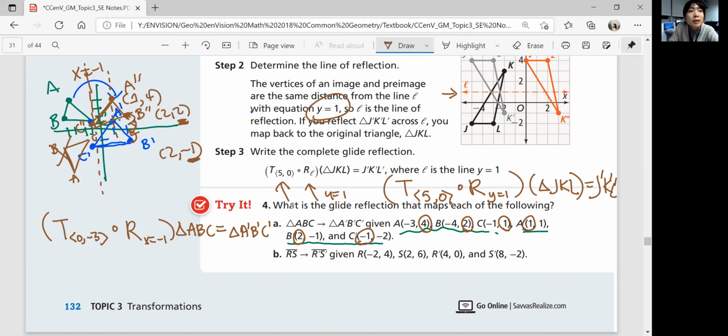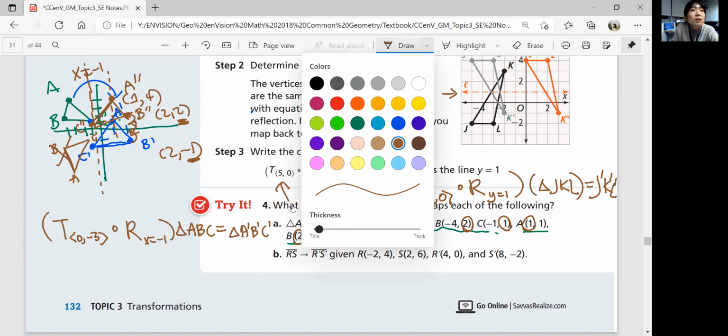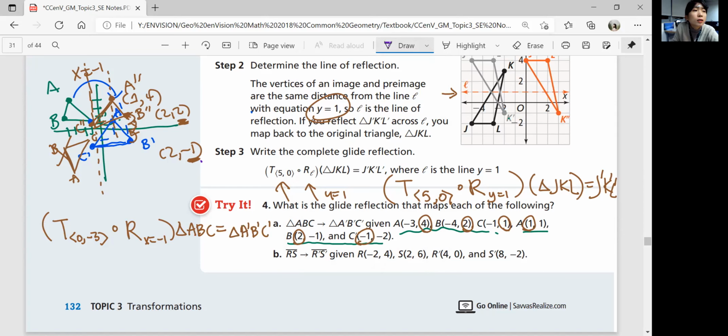What about part B? In the same way, you're just talking about a line, okay? Line RS: R is -2, comma 4, and S is 2, comma 6.